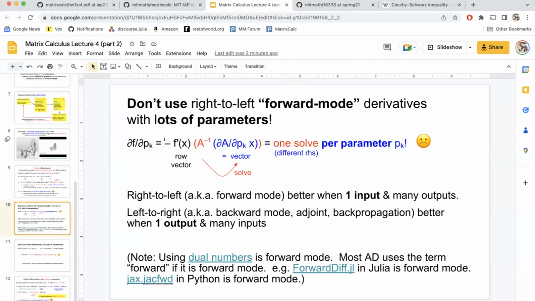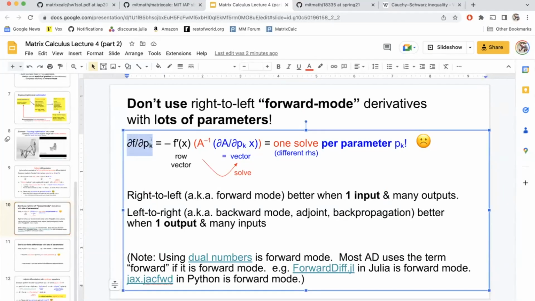And I want to make sure you understand why it is so important to do it left to right. So suppose we did it right to left. If I wanted partial f partial pk, then I have minus f prime A inverse partial A partial pk x, right? It's the same equation, but I'm just putting parentheses in a different place.